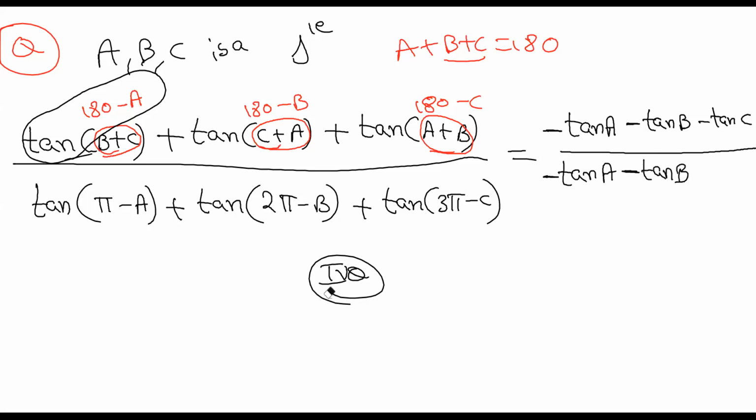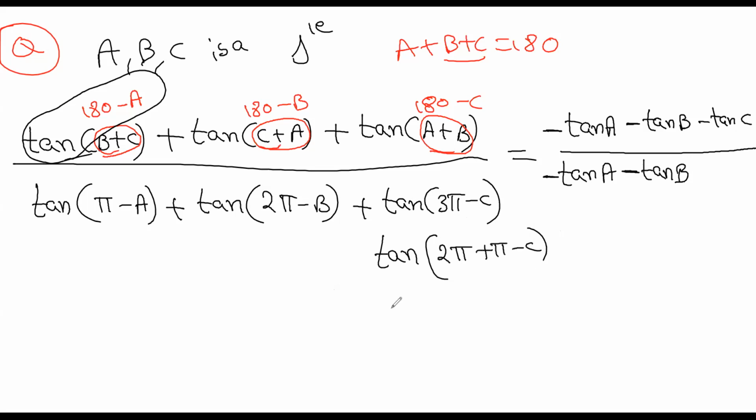What is tan of 3 pi minus C? What is this 3 pi, first of all? 180 into 3, 540 degrees, but don't do it that way. I can write it as tan of 2 pi plus pi minus C. What is tan of 2 pi plus theta?